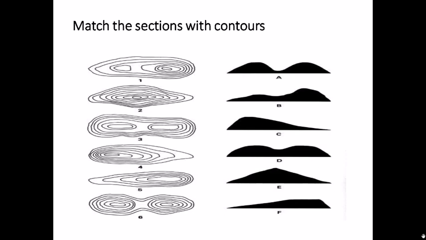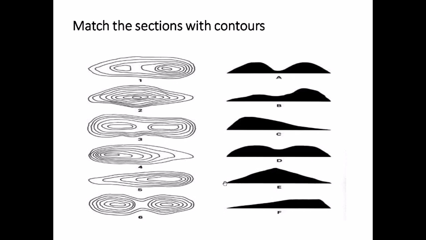So the first thing that you can do is to see if there are two peaks. That means there would be two loops in the center, and if there is just one peak, you will have a contour map which looks something like this. So let's start with the easiest one.